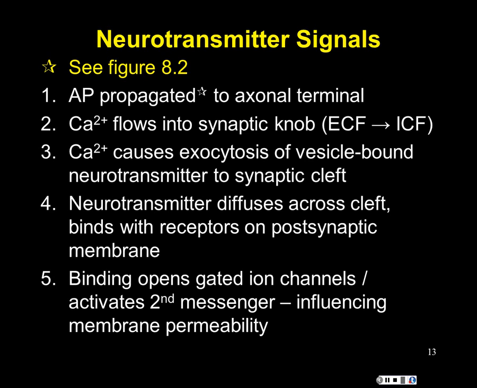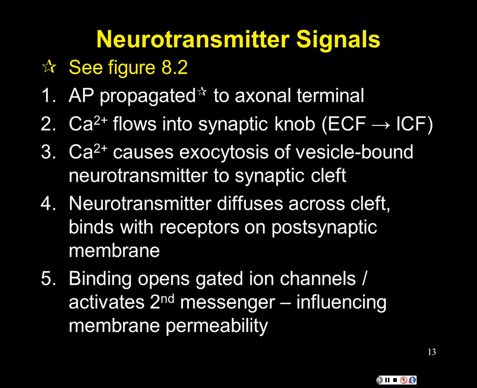What detail could we add in there? How does it get in there? Okay, by opening of our voltage gated channels. There's a series of reactions we won't address now.